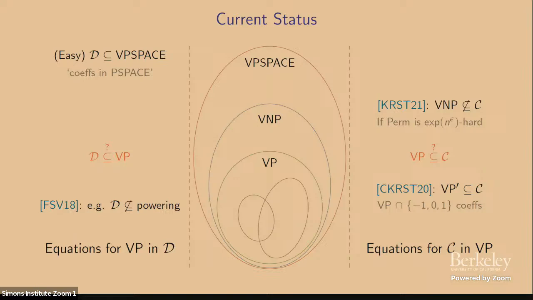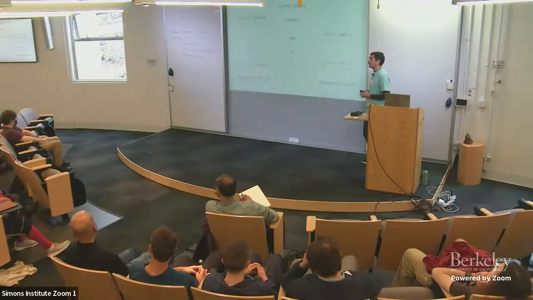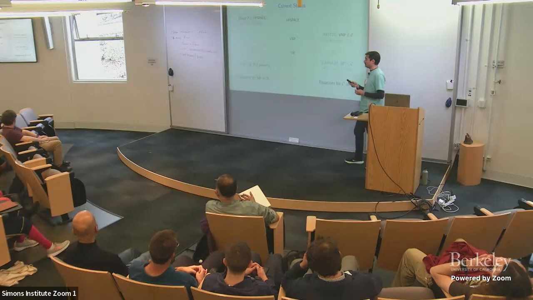Are there generic results along these lines that say that if you have any fixed class below VP, you can do some kind of jump and make something that doesn't have those equations in that class? Sorry, I don't think I understand.